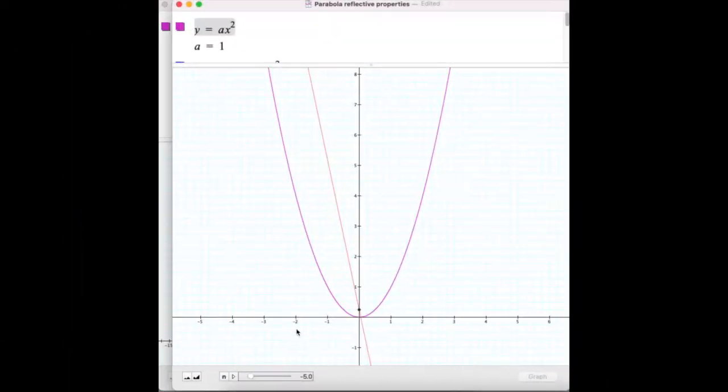I wanted you to be aware of one other property of this key point that I was talking about, the focus point of this parabola, why it's actually called the focus, and what it has to do with focusing things. It's a reflective property, really. That's the main point that we were talking about on the function y equals x squared.